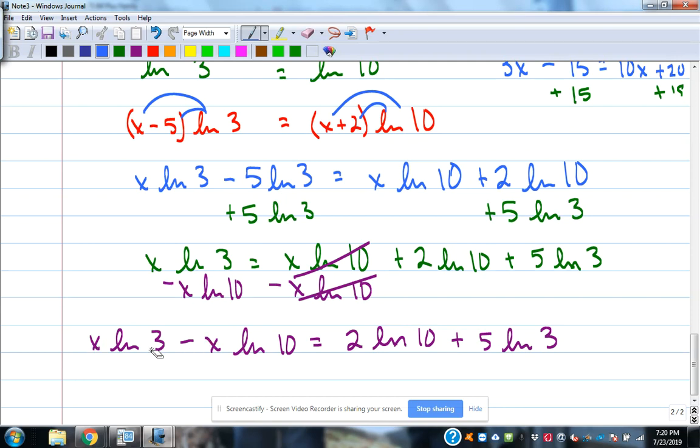They both have the x on them, right? So can I do a little bit of factoring with that and get x out of there? If I do that, that's going to give me x parentheses natural log of 3 minus natural log of 10. And on the other side, I hadn't changed anything, so I'm just going to copy it now.